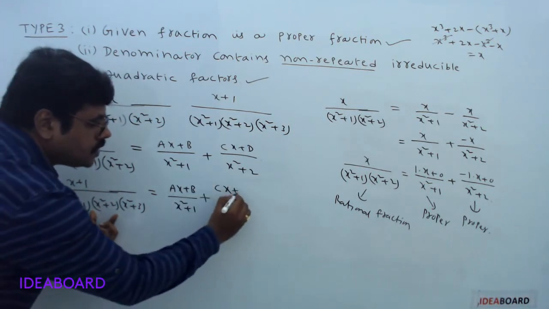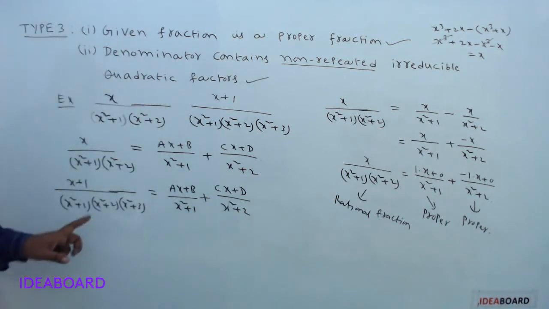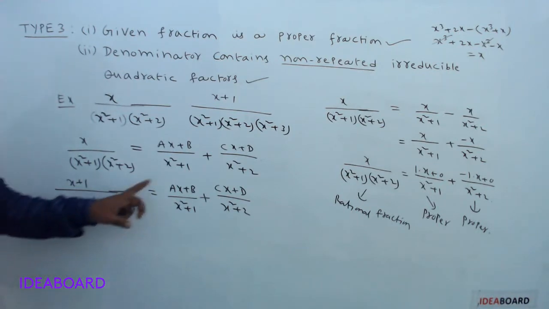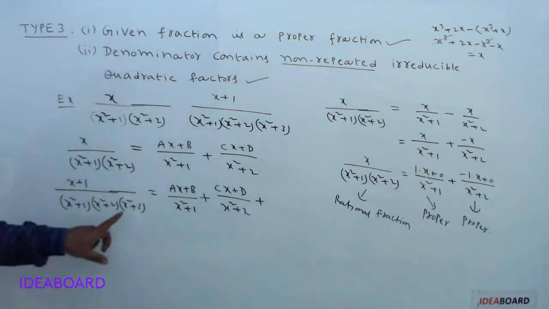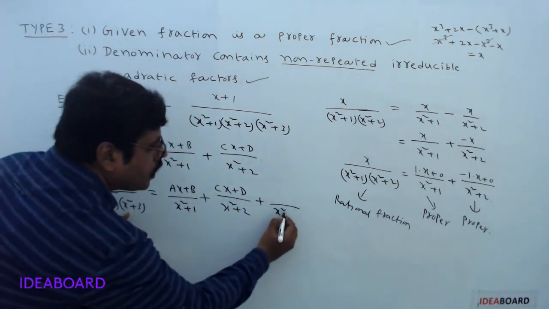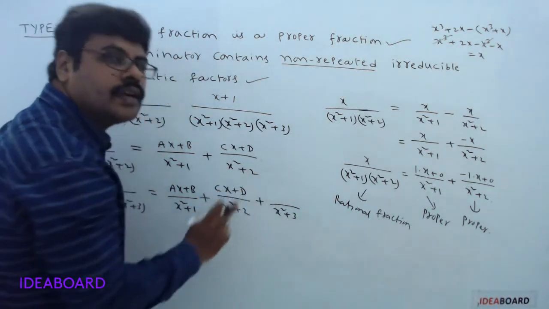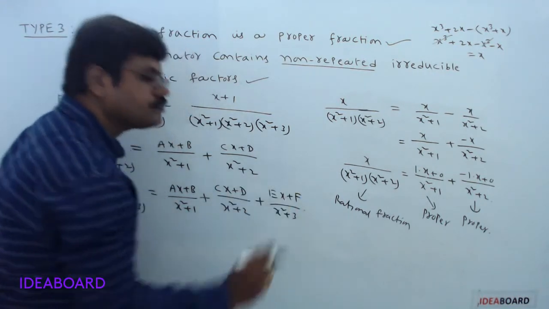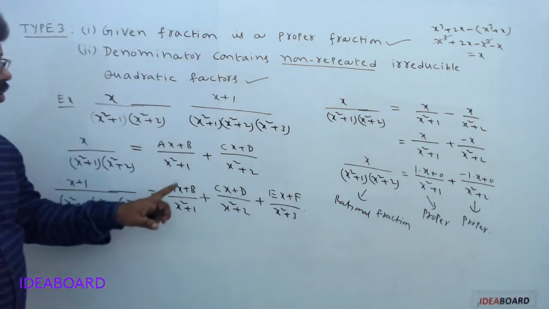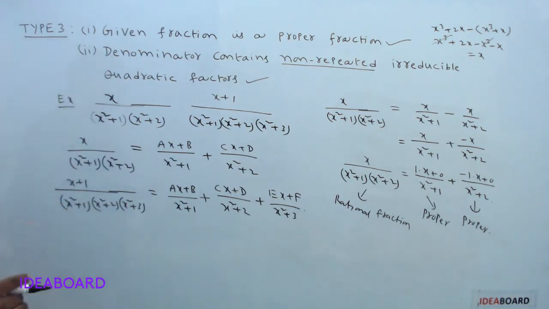It can be taken as (cx plus d) divided by x square plus 2, plus corresponding to this non-repeated irreducible quadratic factor, there exists a linear factor in its numerator. Take that linear factor as (ex plus f). Now this is the way to write down the partial fractions in type 3 problems. Now see some more examples.